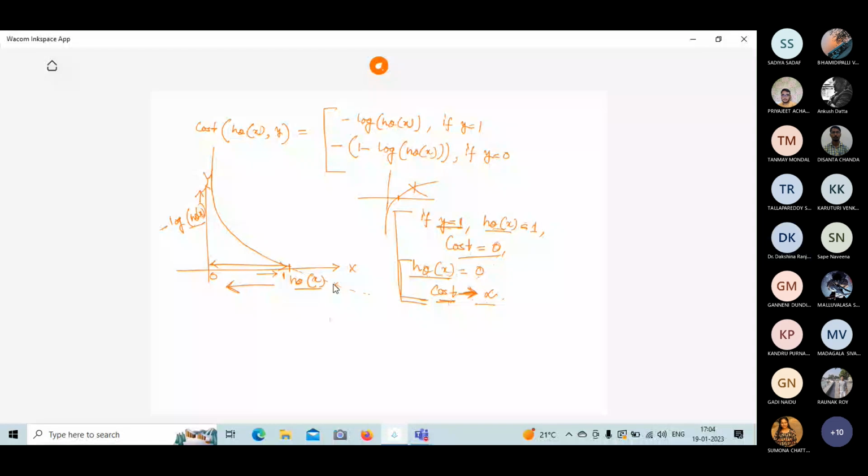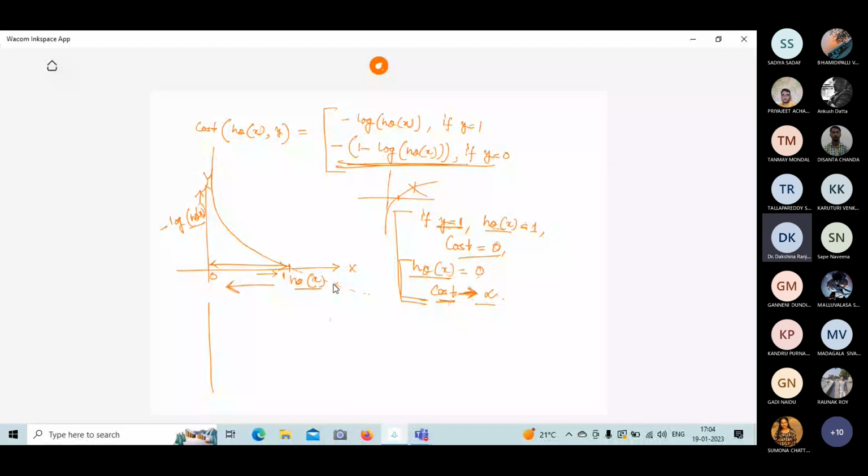Now we will consider the second type of cost function, when the class level is found to be 0. So how to get the curve?